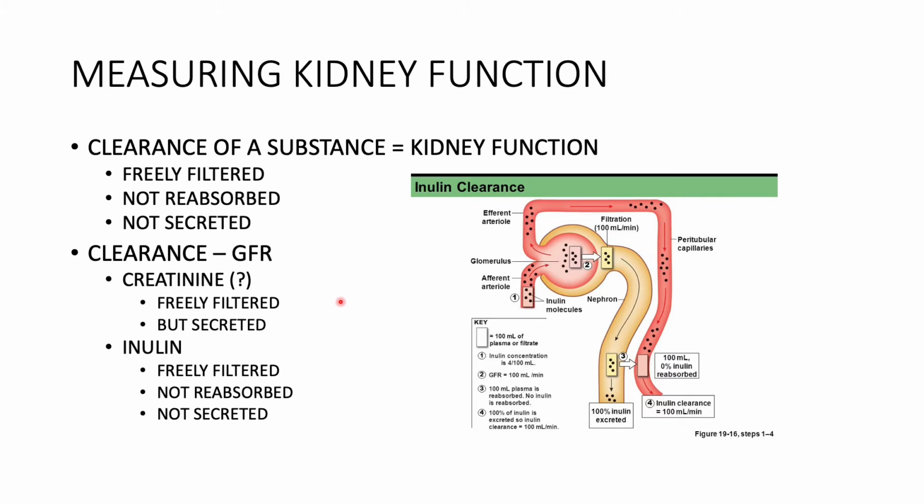What is ideal is inulin, because inulin is freely filtered, not reabsorbed, and not secreted. So as you can see in this diagram, 100% of the inulin given to the patient will be excreted.